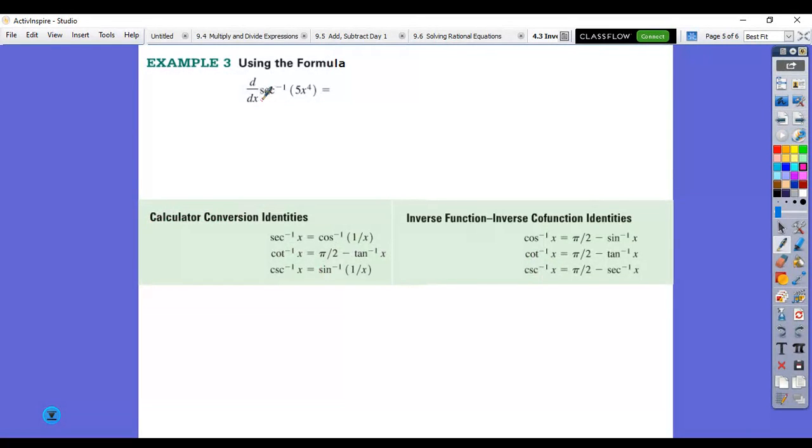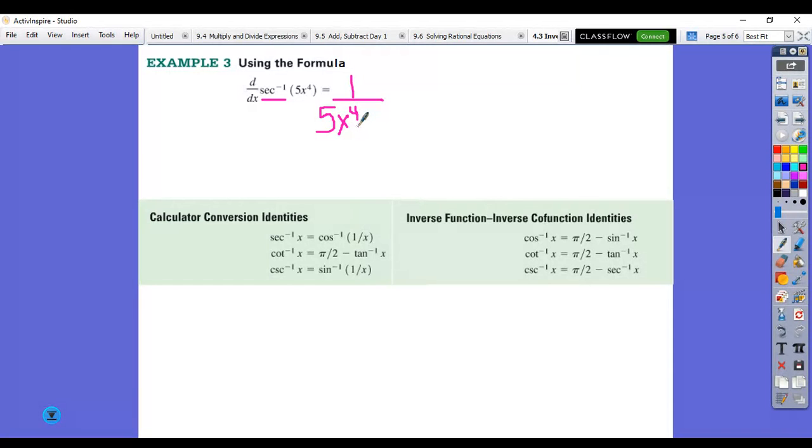Okay, secant inverse. The derivative is 1 over, and it says the absolute value, but what do we know about 5x to the fourth? This would always be positive, so I don't need the absolute value if it's already going to be positive. Sometimes they're going to try and trick you with that.